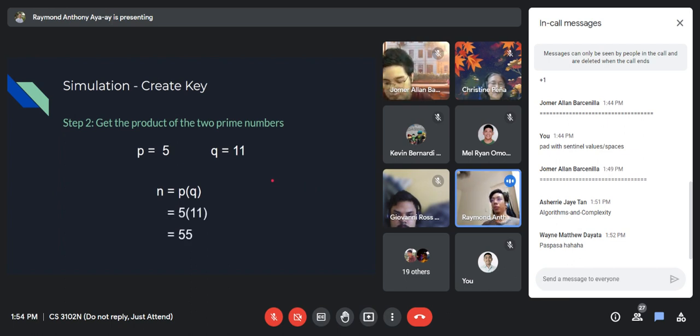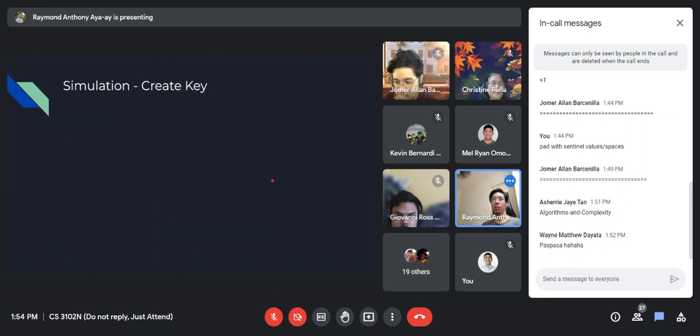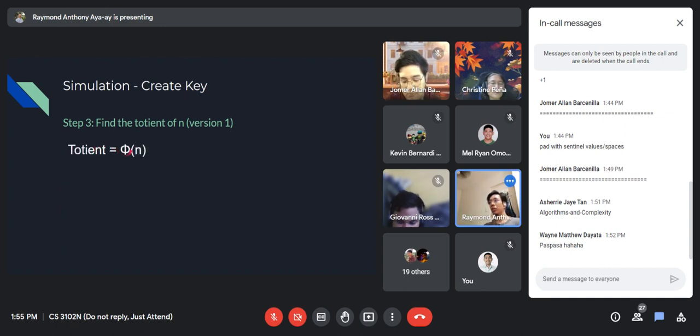Once we're done with step two, we move to step three, which is getting the totient. There are two versions of getting the totient. Version one is the long one, and version two is the simplified one. Let's start with version one. This symbol is called phi, so we get the phi of n.